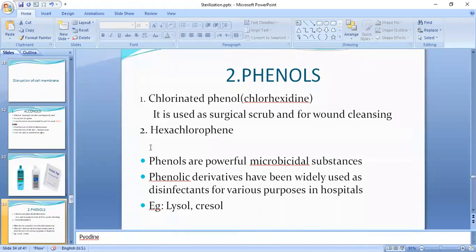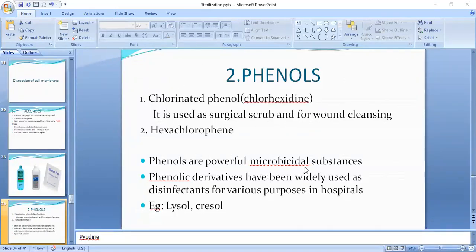The phenols are also used as antiseptics and disinfectants, and the most common example is povidone iodine. You will be familiar with povidone iodine, which is used as a topical antiseptic agent, and this is also used as a gargle when you have pain in the throat or tonsillitis.